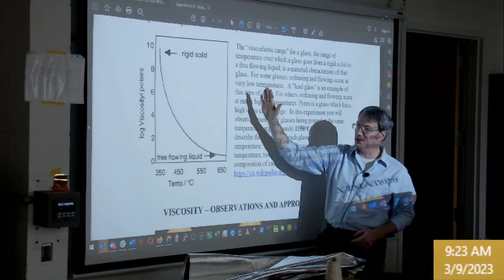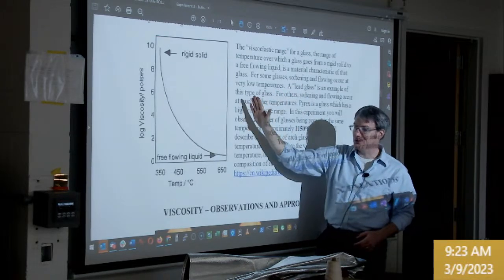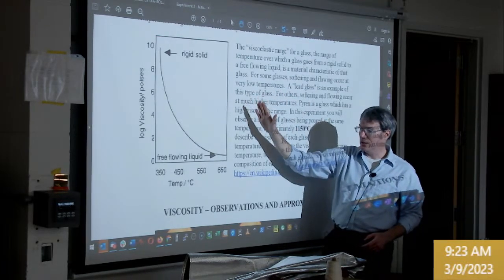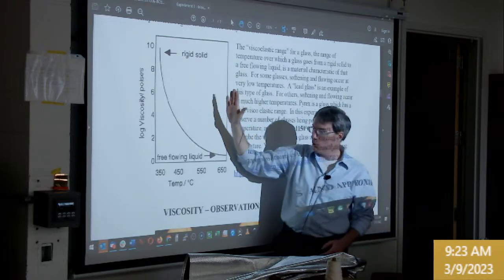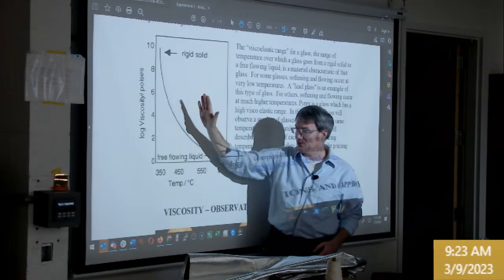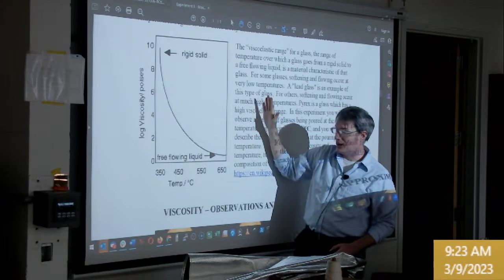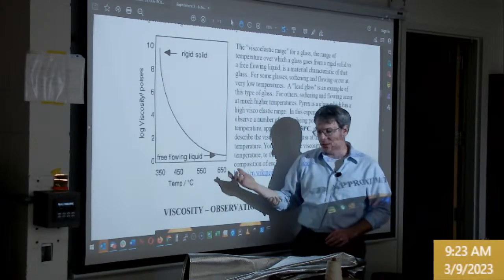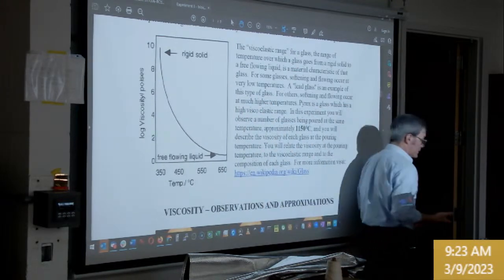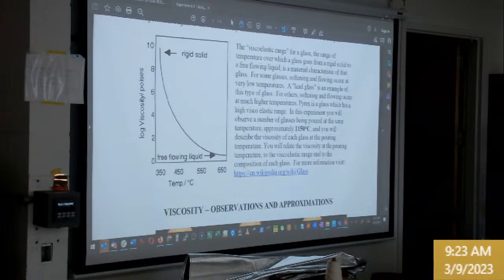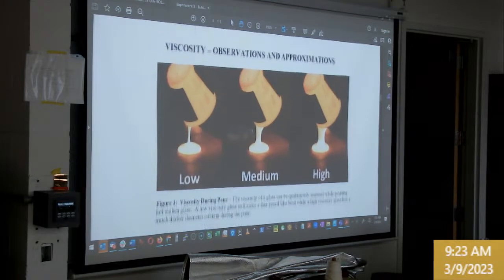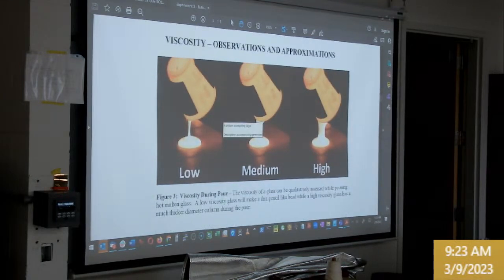And so this curve can shift based on chemical composition. If we add more flux, it shifts to lower temperatures. If we add less flux, it shifts to higher temperatures. And we have some compositions that explored some variation. And so when we get rolling, I'll also put the spreadsheet that we used up on the screen.